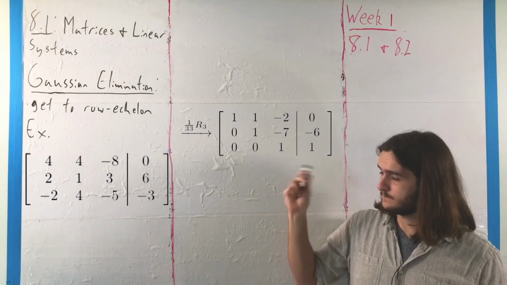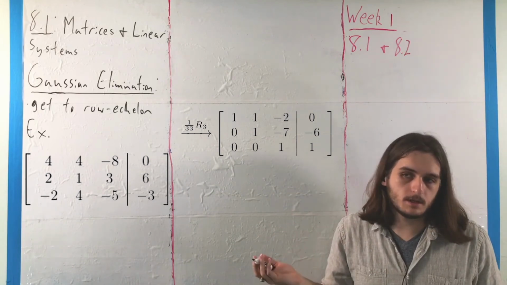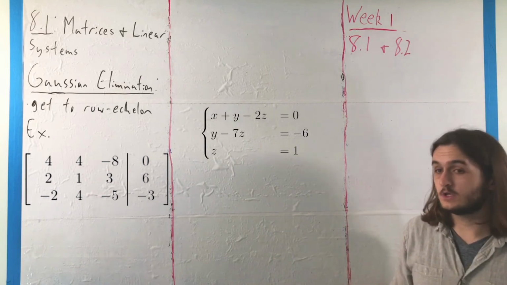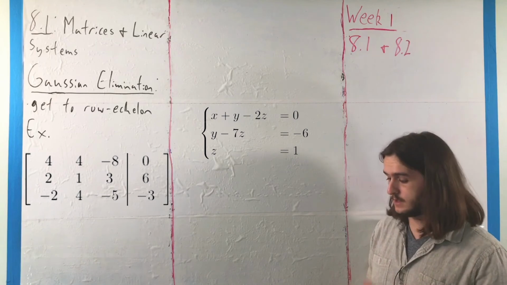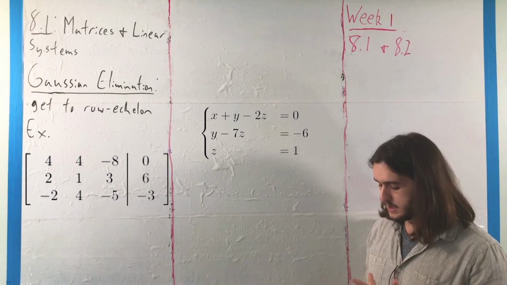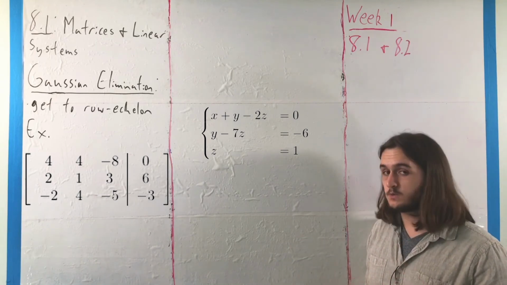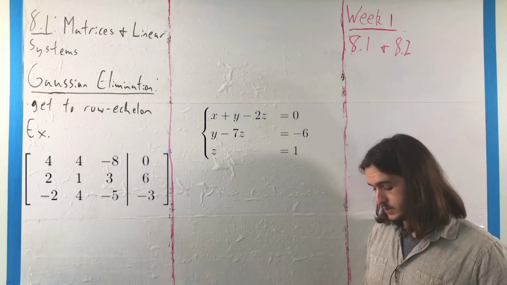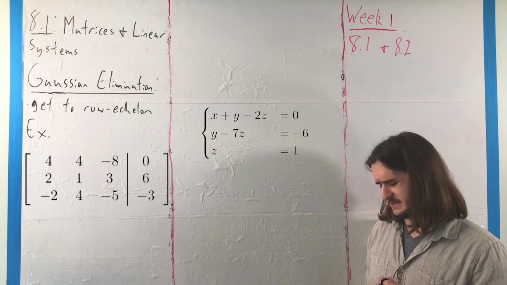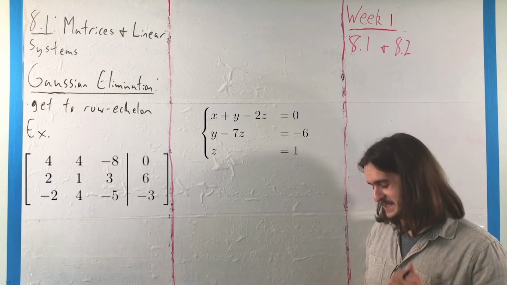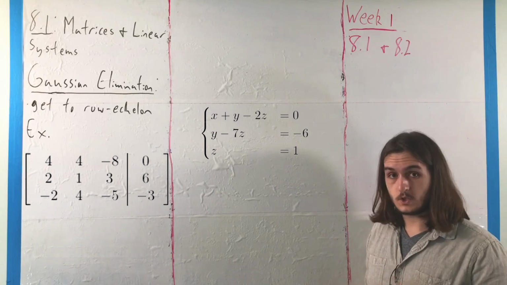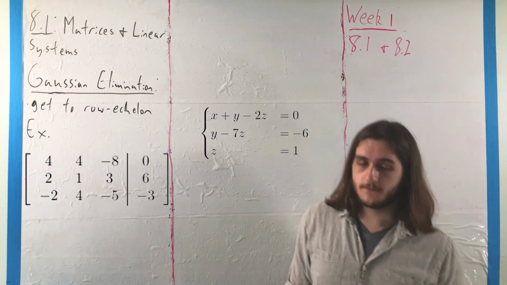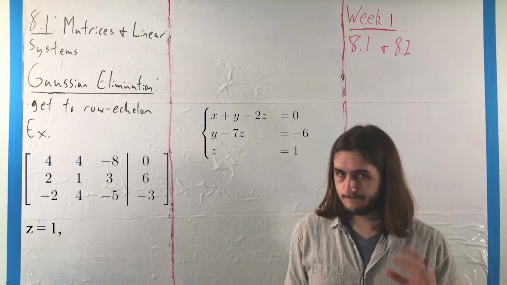Not the cleanest picture, admittedly, but you can turn that back into a system that is equivalent to that original nasty one and is now x plus y minus 2z equals 0, and then y minus 7z equals negative 6, and z equals 1, which means you can do a direct substitution right off the bat. z equals 1, great.